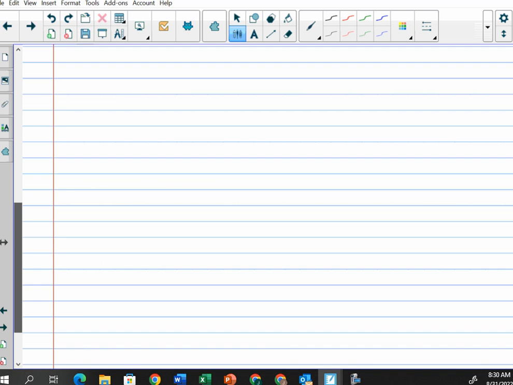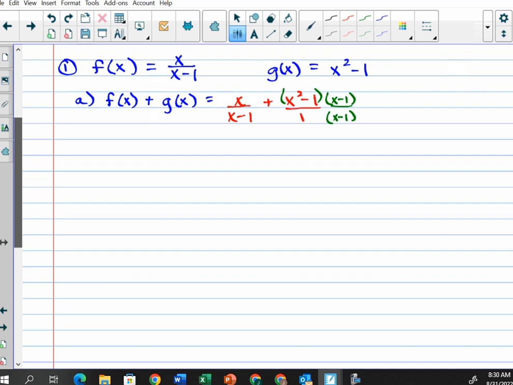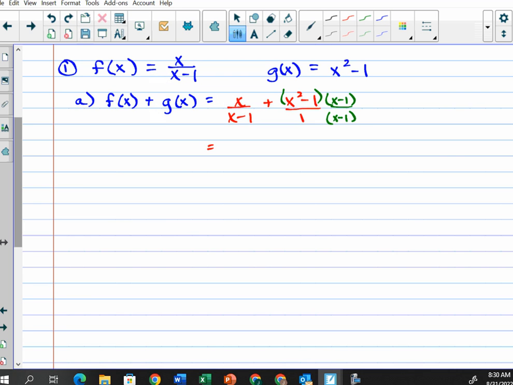So then we're just going to simplify. So I now have x, and then if I multiply this out, I'll have x cubed minus x squared minus x plus 1 all over x minus 1.